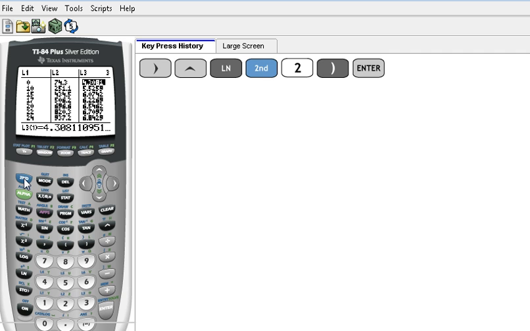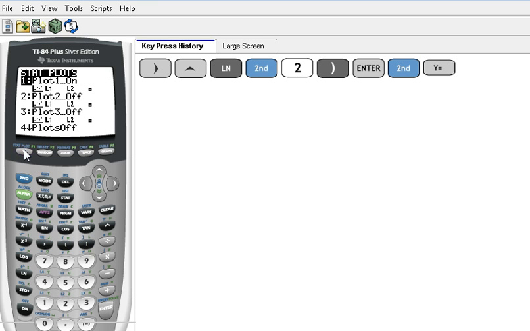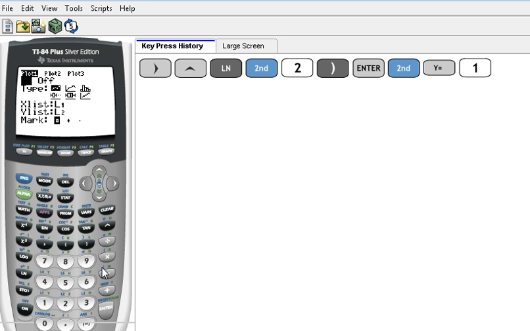So the first thing I'm going to do is second y equals, which activates the stat plots. I'm going to press 1 to go to stat plot 1. It's already open from our previous work, but notice that the data for the stat plot 1 is using L1 as its x values and L2 as its y values.